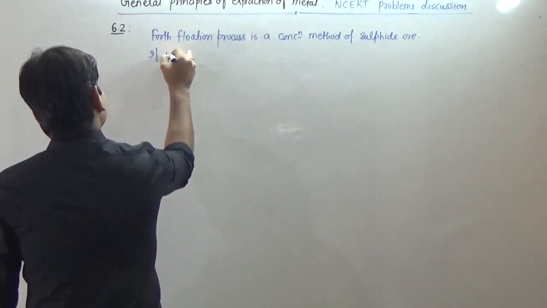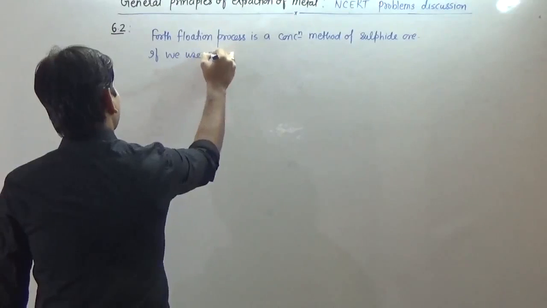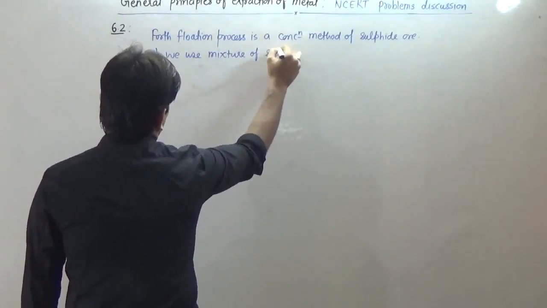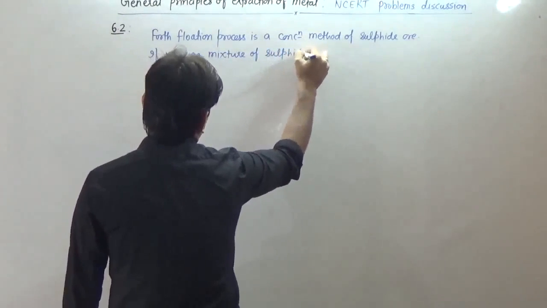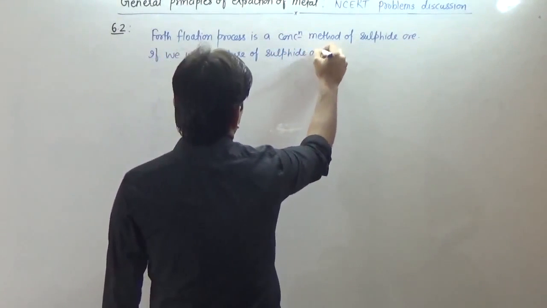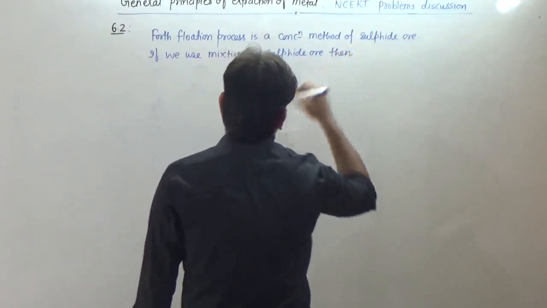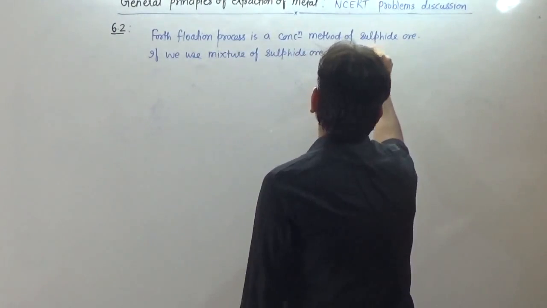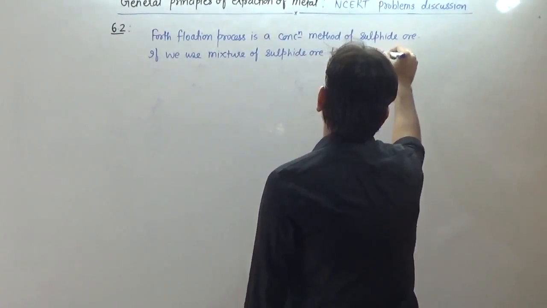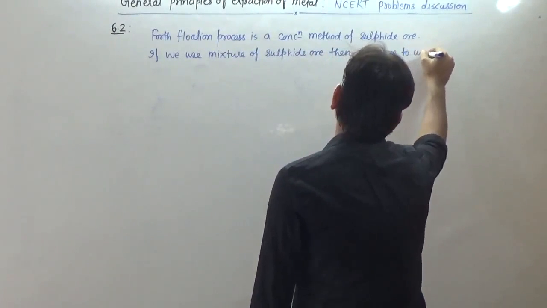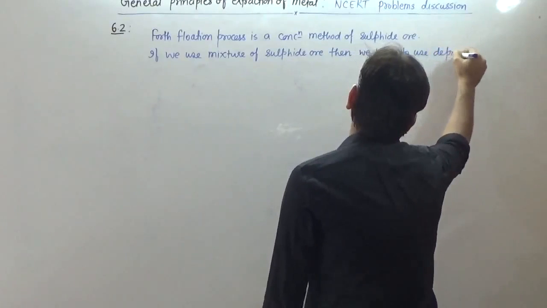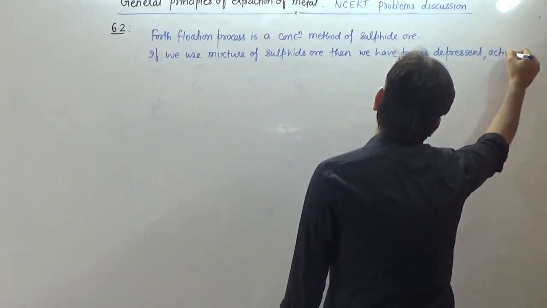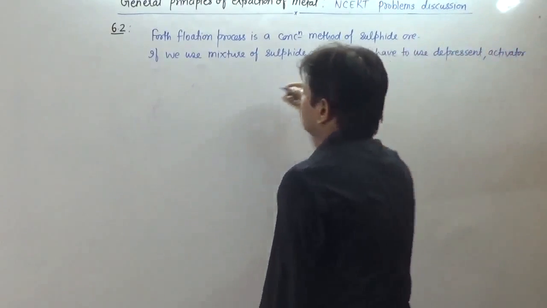If we use a mixture of sulfide ores, or there is more than one sulfide present in the ore, then we have to use depressant, activator, etc., other than collector also.